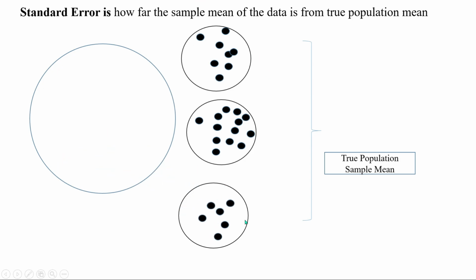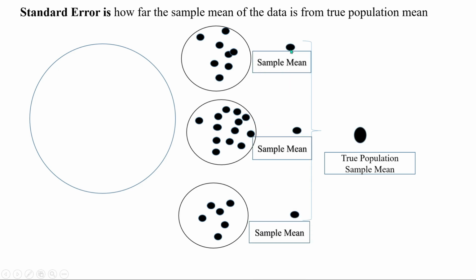That means there are subsets of samples, and from these subsets we calculate each sample mean. That means these are the sample means. This is the sample mean of this subset of sample values.